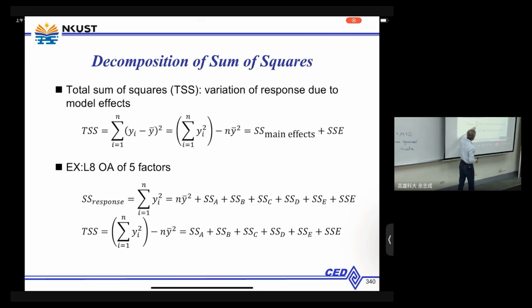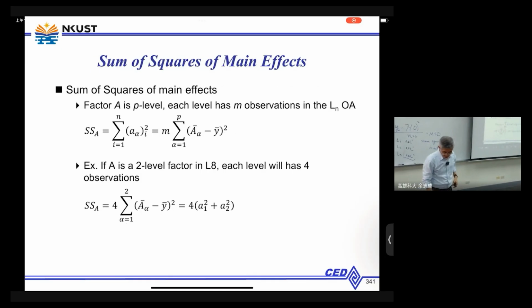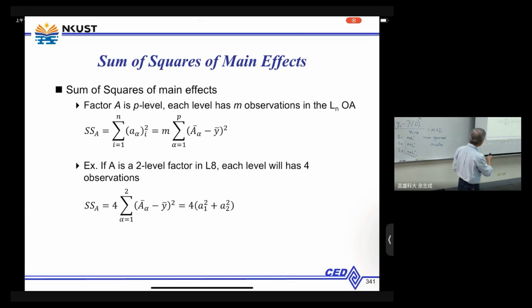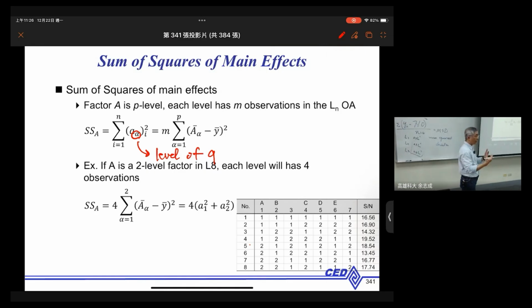The response will be this one, and here n is equal to 8, since we have 8 experiments. So in this case, what is the sum of squares due to A? This is the term. Alpha means the level of A. This is a 2-level design, so alpha is either 1, A1, or 2, A2.